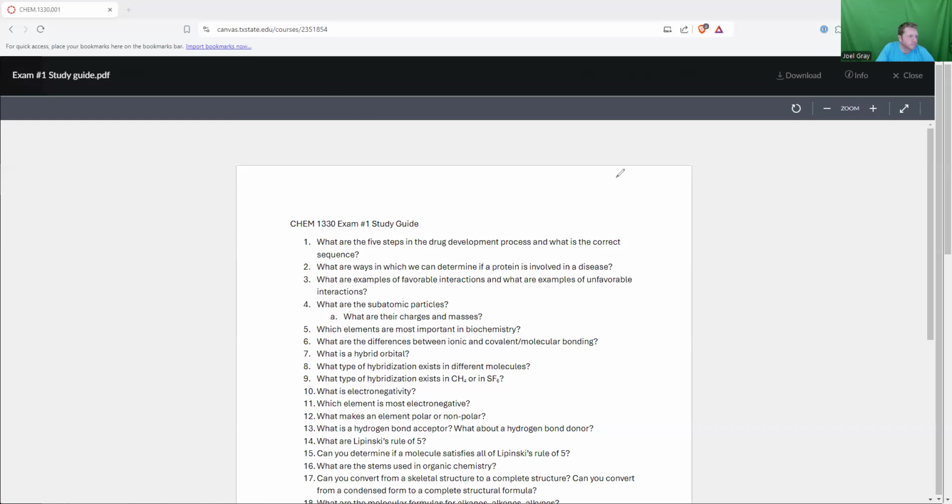They are first discovery and development. Next is what's known as preclinical research. After that, we have clinical development.